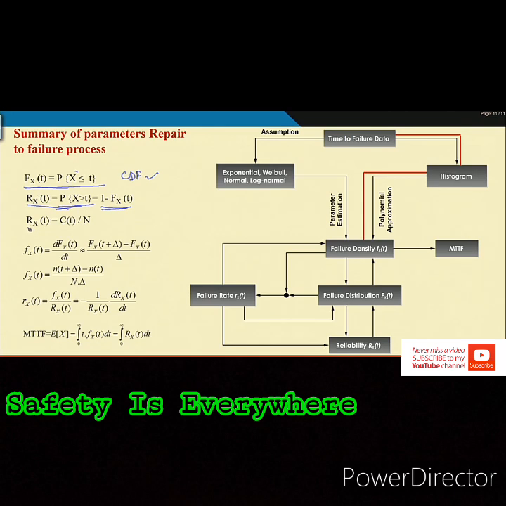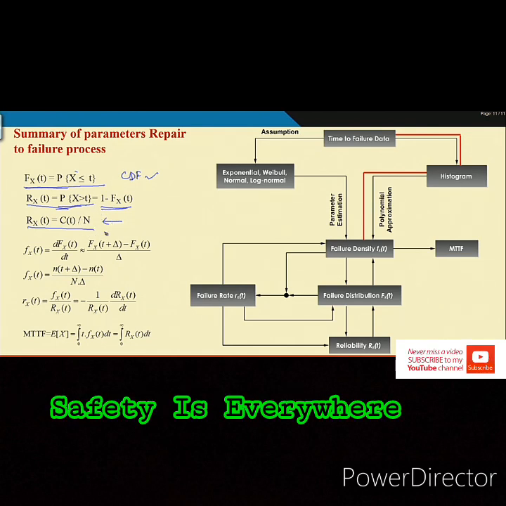Then we have shown a random experiment in which n identical units are put under test, and you observe how many are surviving after certain time intervals.